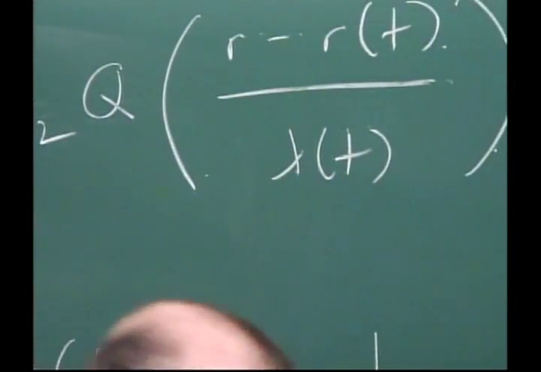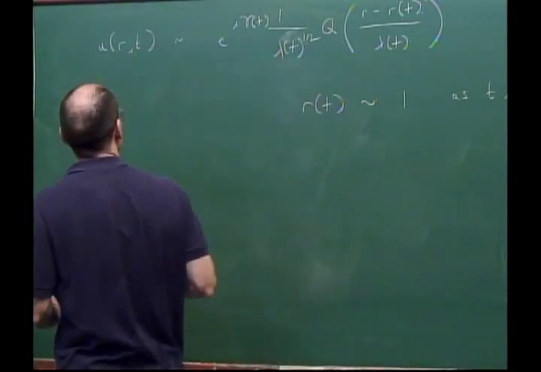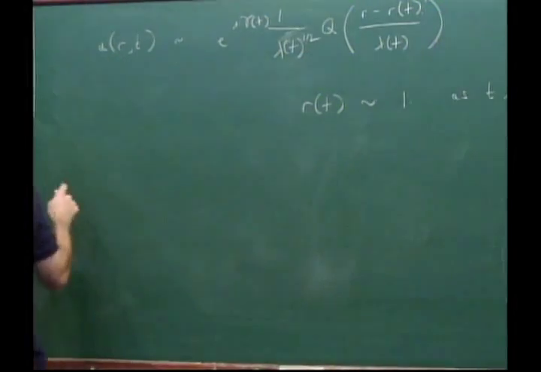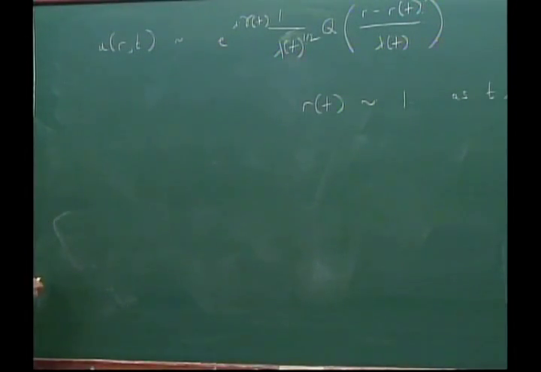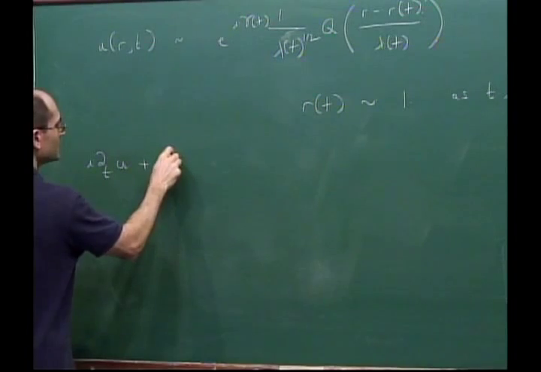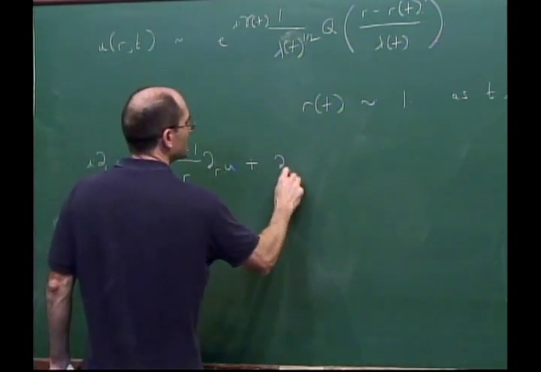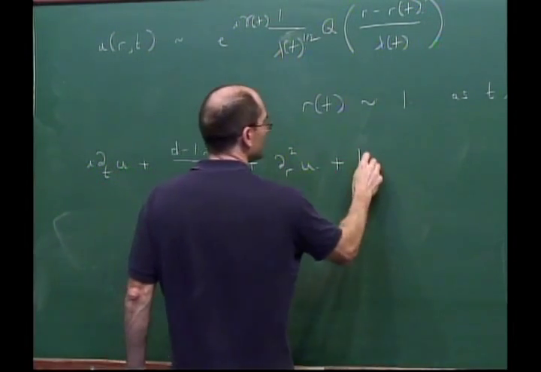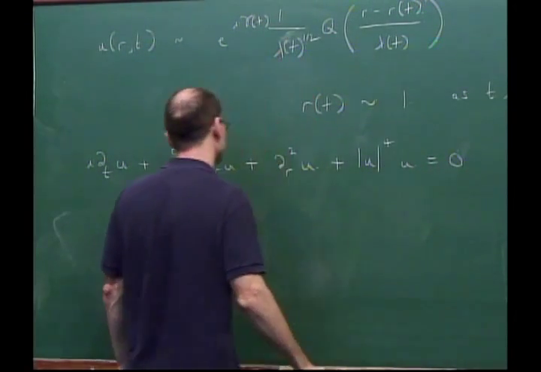Okay. All right, so why does this work? Q is this 1D ground state, and u being a d-dimensional function with the radial assumption solving NLS, we should write NLS in polar coordinates as i d_t u plus (d minus 1) over r d_r u plus d_r squared u plus |u|^4 u equals 0.